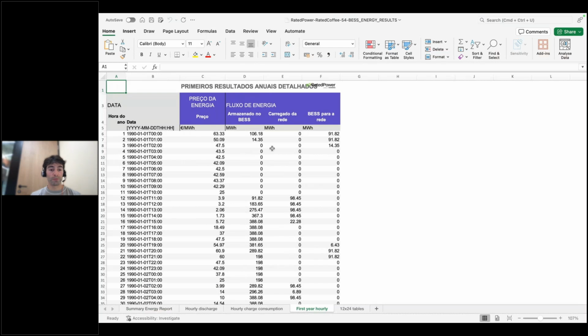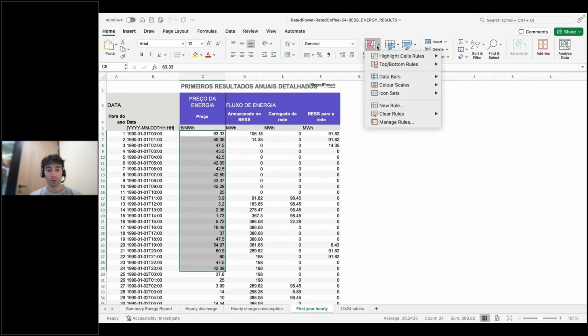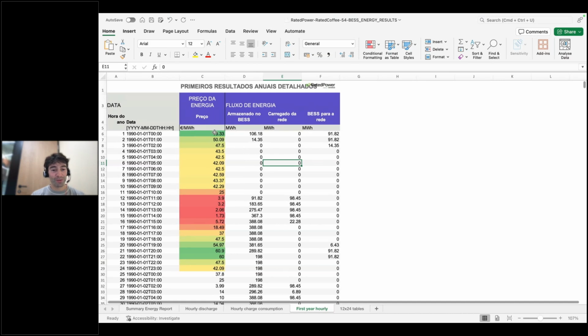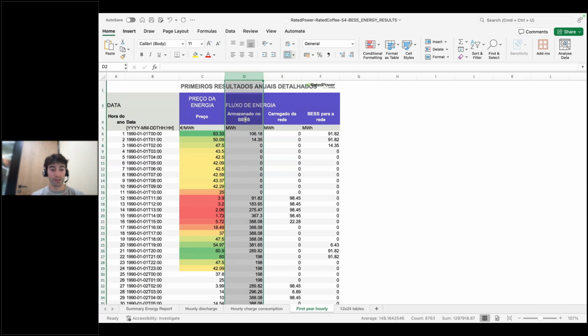So this is very good. I like to do this to quickly check when it's charging and discharging, and you see, this is in Portuguese, I don't know why. But you see the price of the energy, when it's higher, it discharges, which is this column here. It starts, remember how we set the initial charge to 50%.